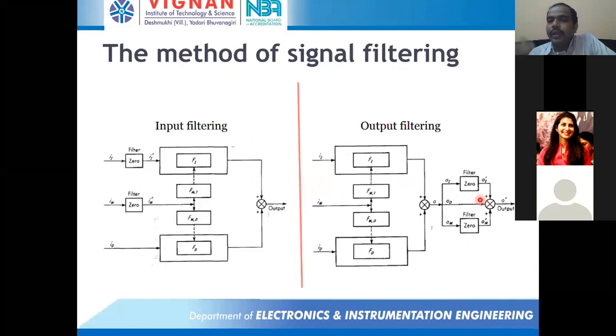Depending upon your applications and the magnitude of interfering inputs, you can go for these filters. If it is placed in the input stage, that is called input filtering. If it is placed at the output stage, that is output filtering. Like that, these filters can also reduce or nullify the effects of interfering or modifying inputs.